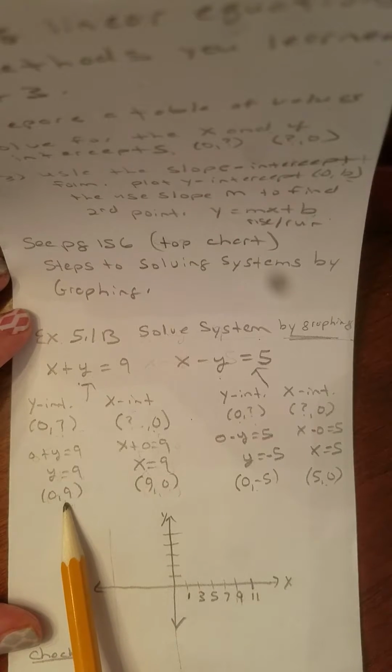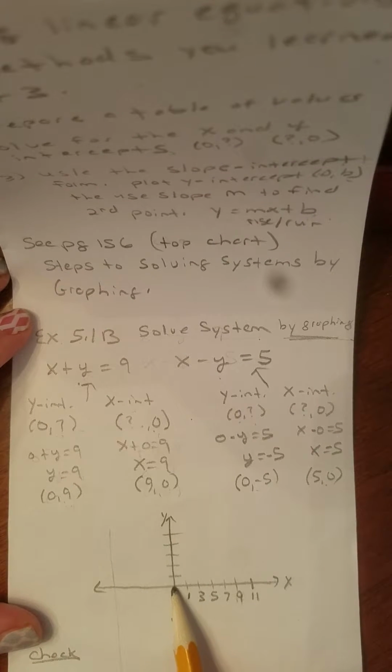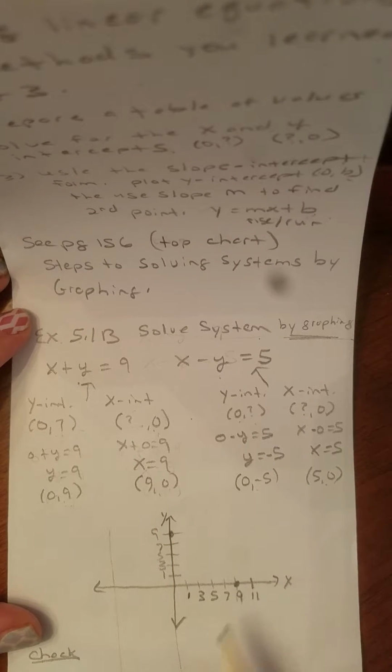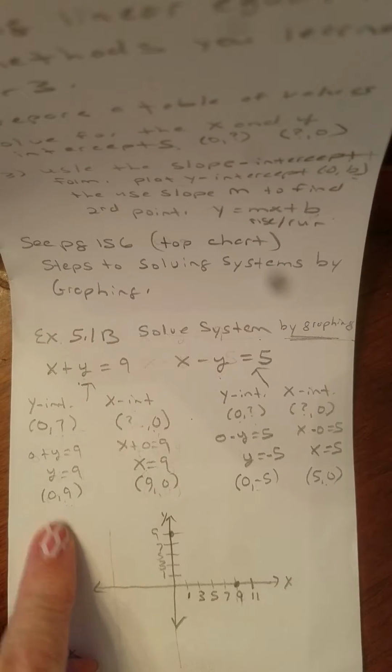So in this case, this one is (0, 9), right? So that means when x is 0, y is 9. So here's 1, 3, 5, 7, 9. So I'm at this point right here. This is (9, 0), so I'm going to go down here. Right, there are these 2 points graphed.